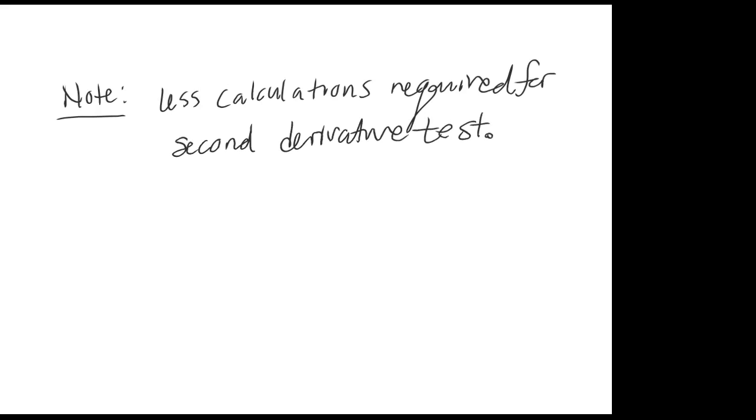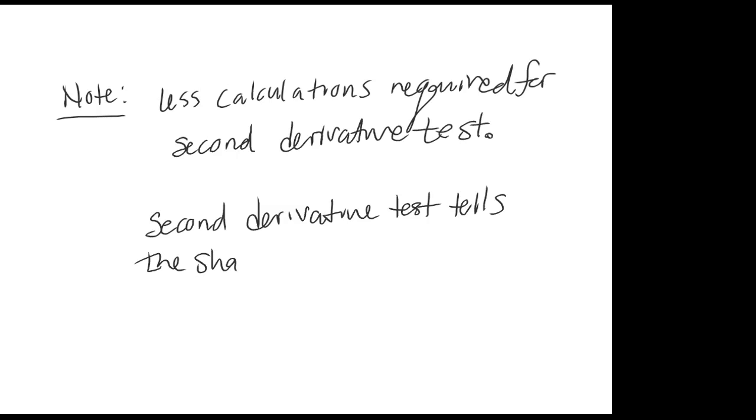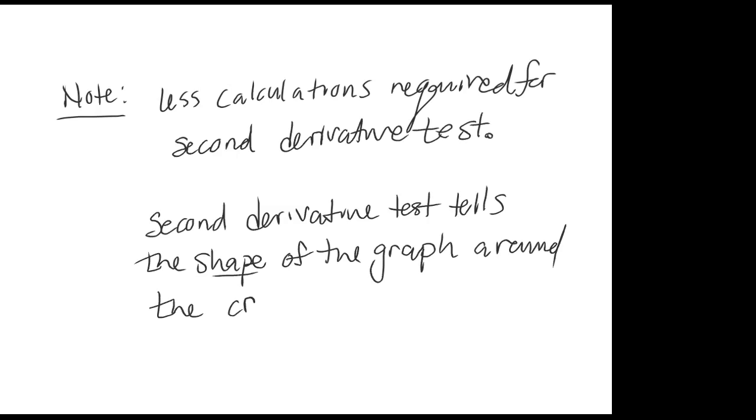In other words, the shape of the graph around the critical point. So there's two benefits, and we should know how to do both the first derivative test and the second derivative test.